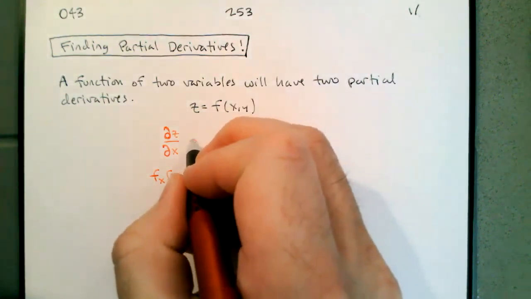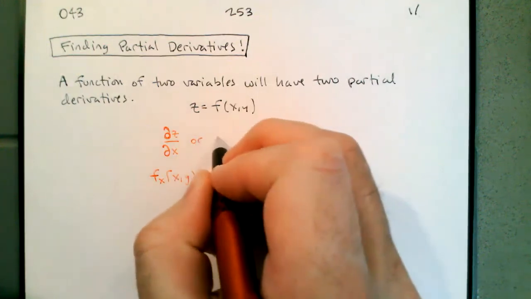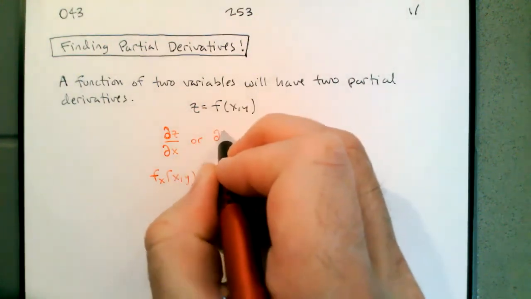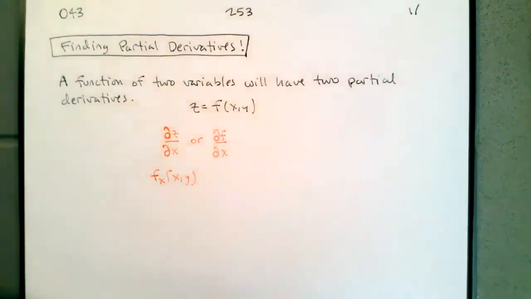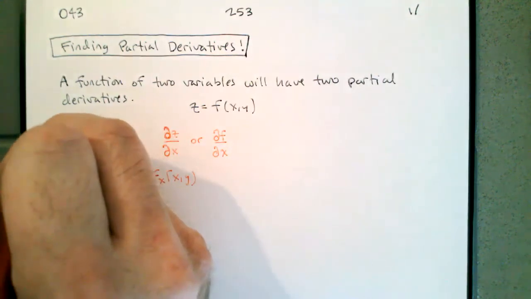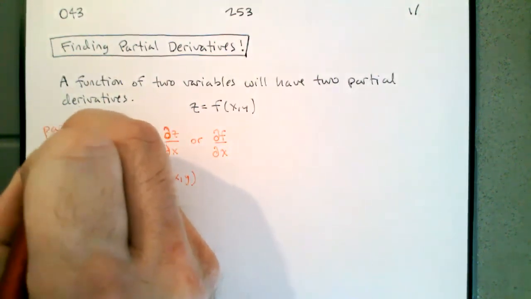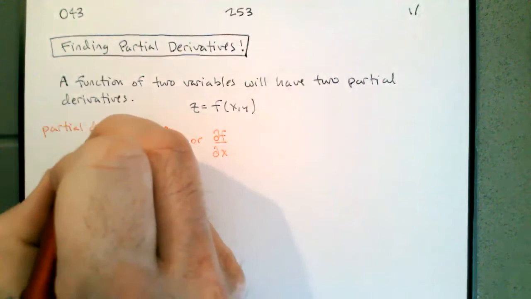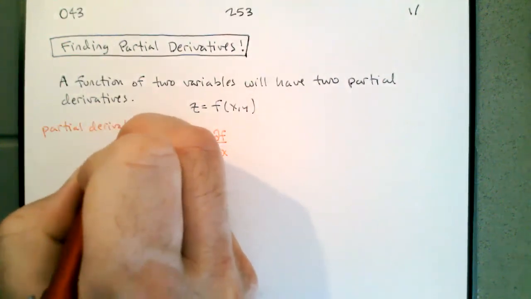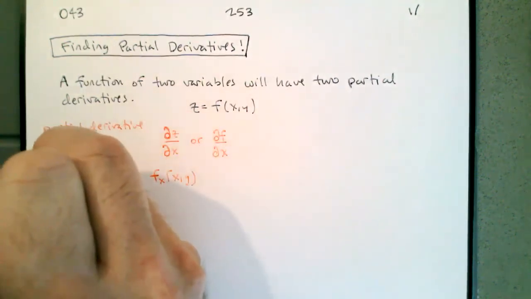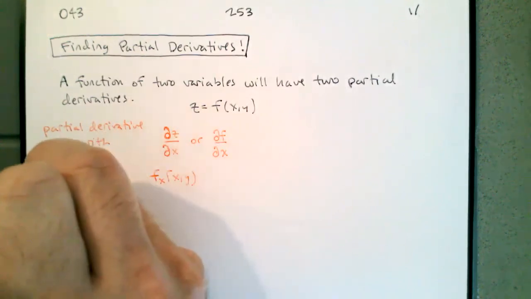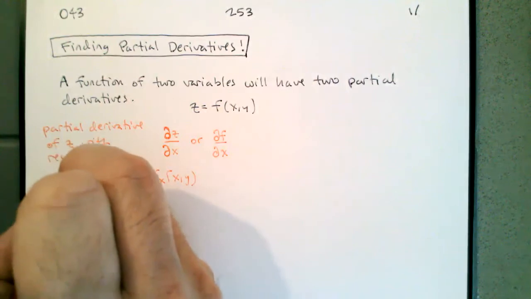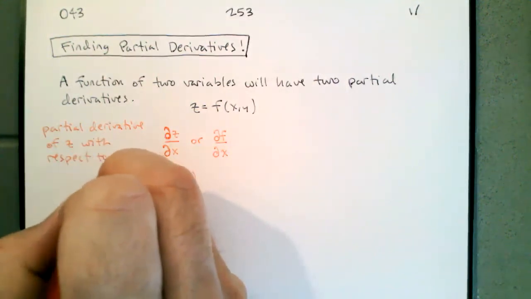So we can also write df dx. So here we have the partial derivative of z with respect to x.